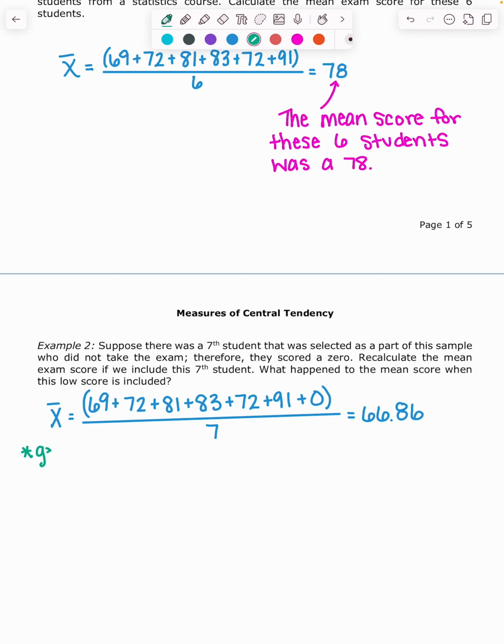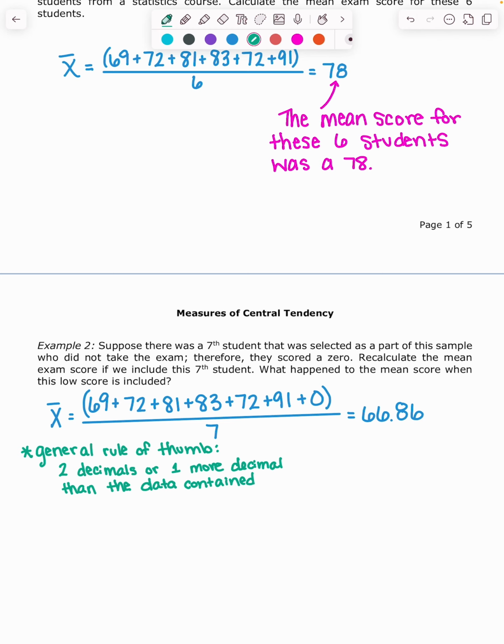And here, as a general rule of thumb on rounding, two decimals or one more decimal than the data contained.